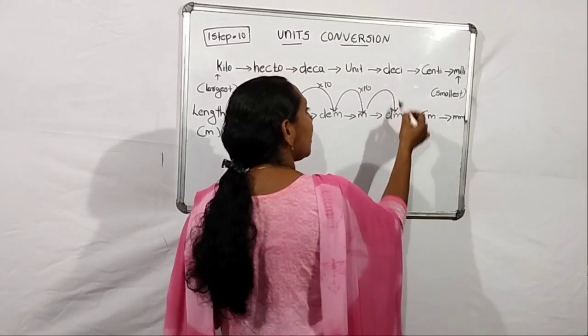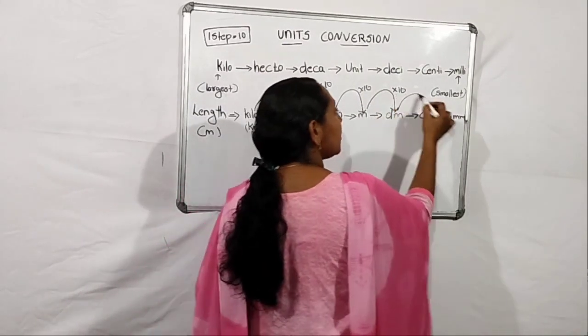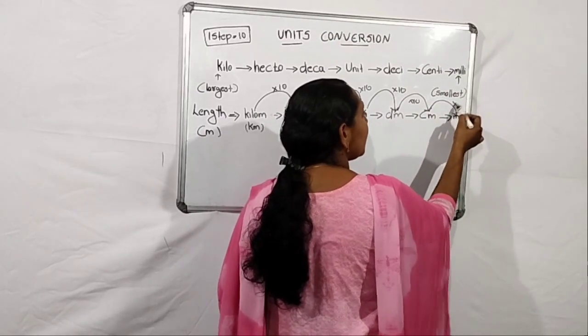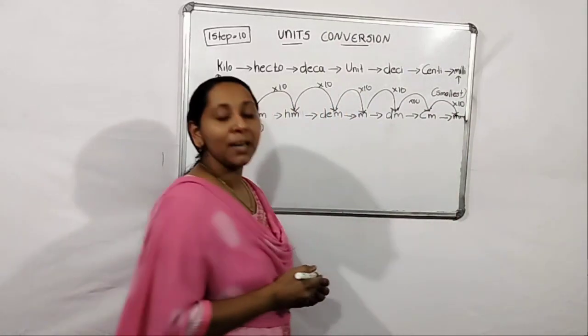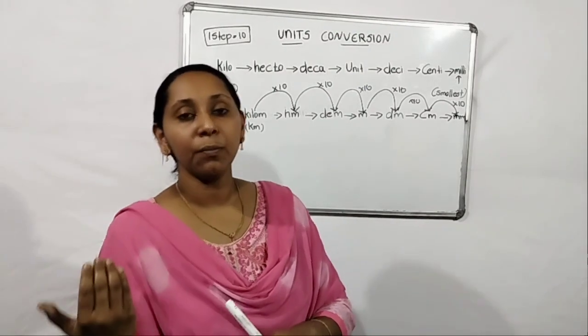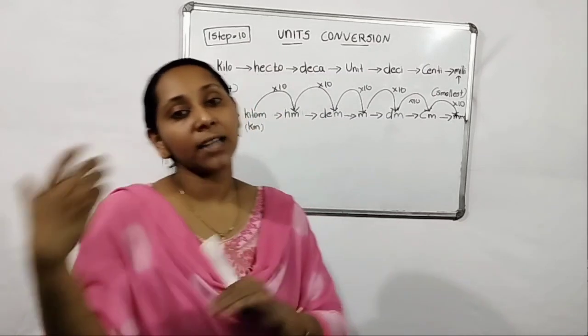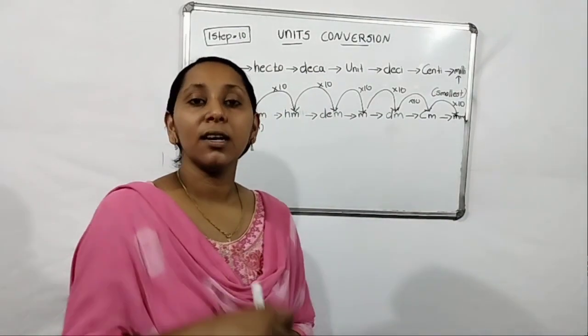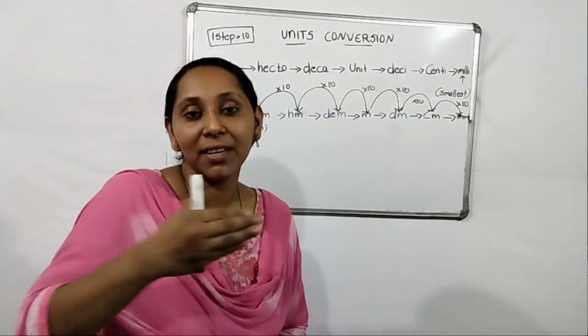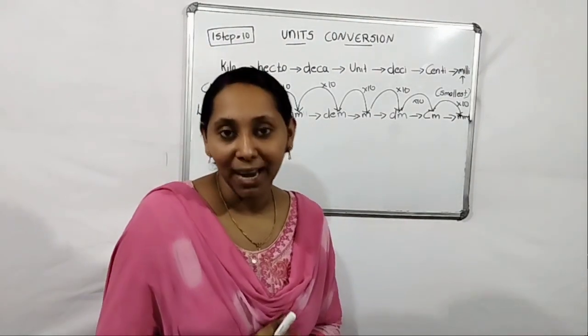Meter to deci, into 10. Deci to centimeter, into 10. Centimeter to millimeter, into 10. Meaning, for conversion from kilometer to smaller units, largest to smaller units, the method is to multiply with 10 at each and every step. 10 is the difference, so multiplication.